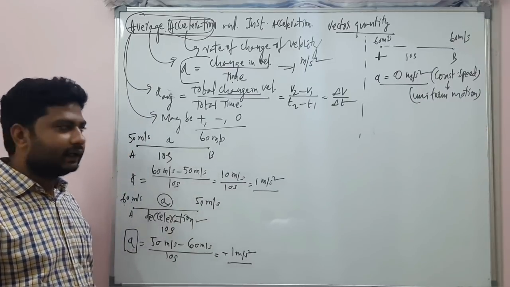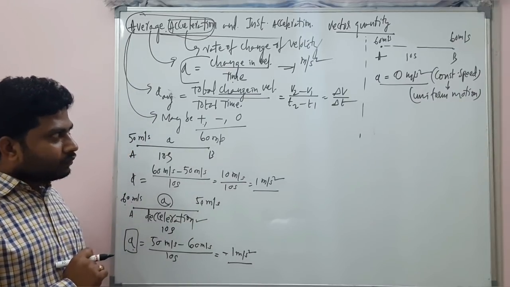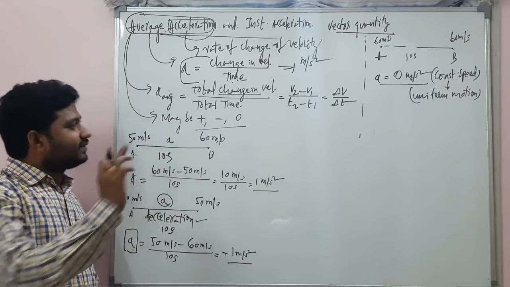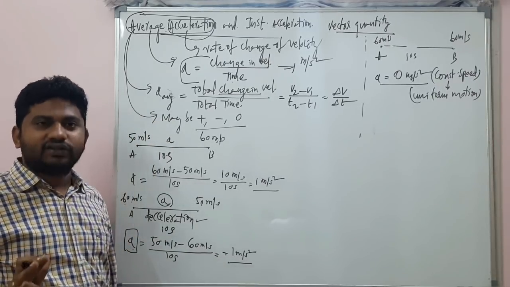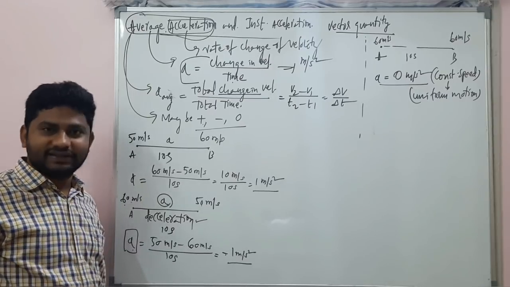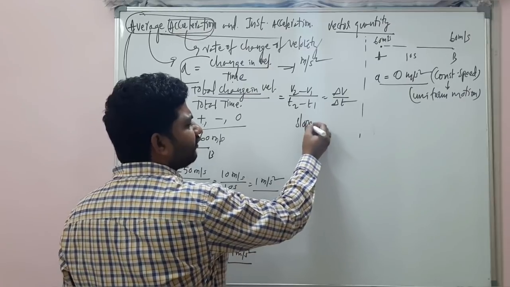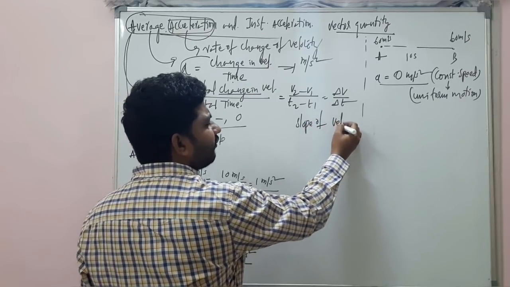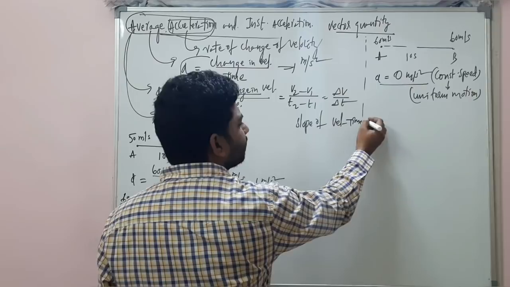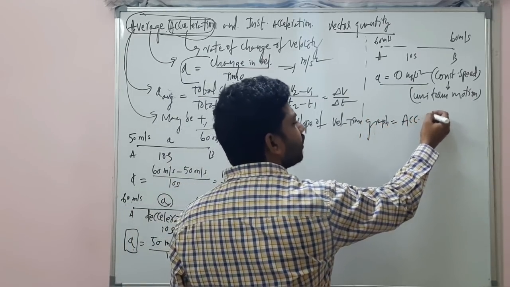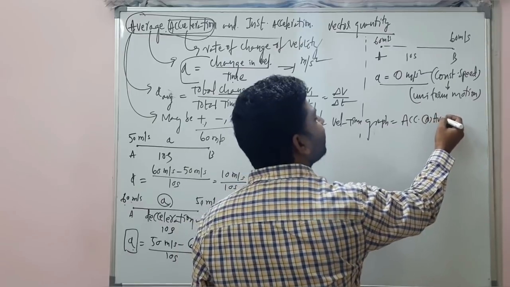Okay. Now, this is about acceleration. This is about average acceleration. Let's concentrate on instantaneous acceleration. And before moving to that, the slope of a velocity time graph gives you acceleration or average acceleration.